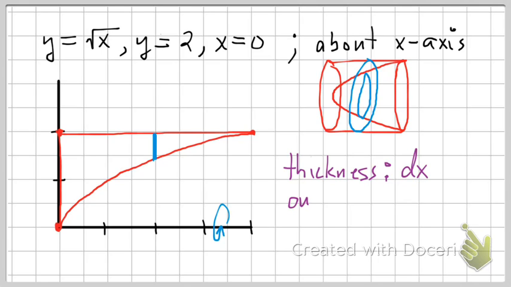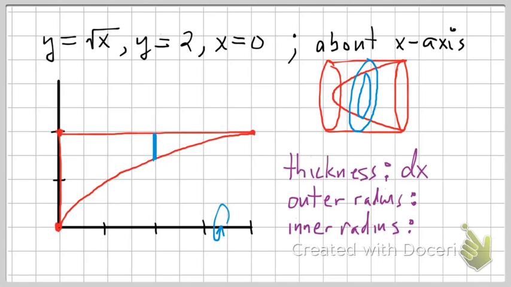So we've got to do the outer radius and the inner radius, right? That's going to come from your center of revolution, where that axis is.